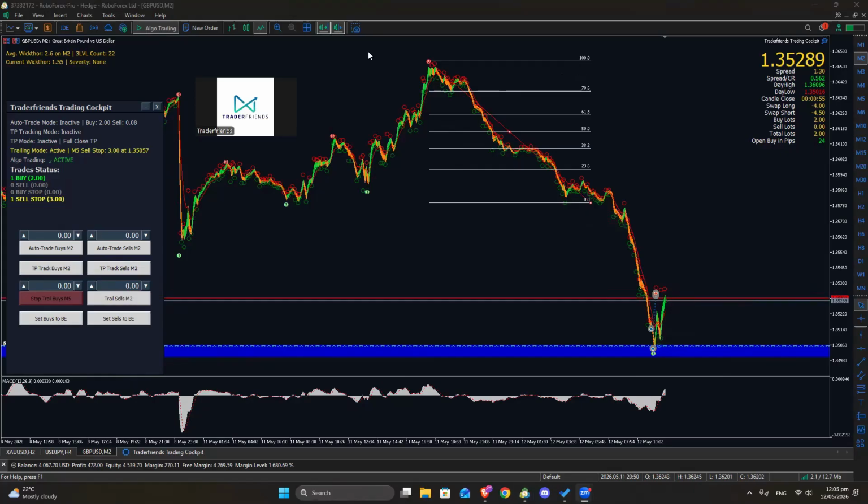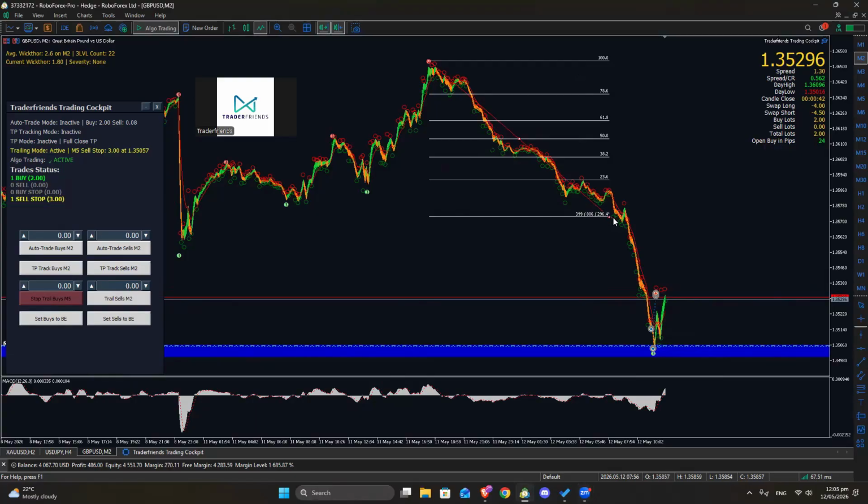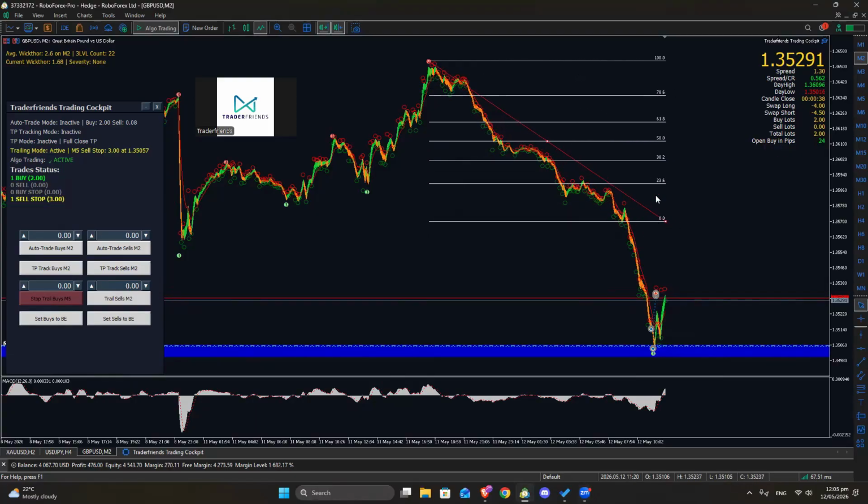Then you see it went down to this green circle and then up to this red circle. This is not even a 23% correction. So no matter which anchor point you would take, you would never actually see beyond 23%. The correction to this red circle over here is not even 23.